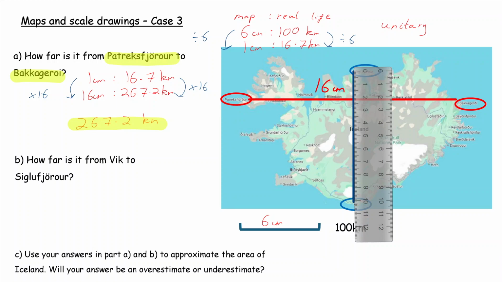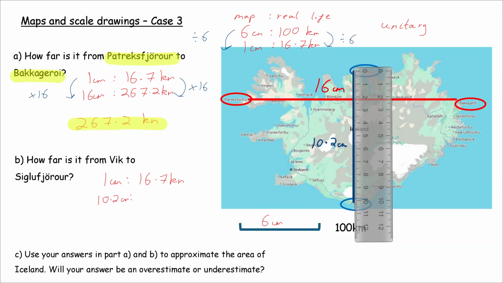So we can go and say that that length there is 10.2 centimeters. And again, we can use our ratio. You could use this one, but again, use the unitary one. It's so much easier to use, which is 1 centimeter is the same thing as 16.7 kilometers in real life. And we've just measured that to be 10.2 centimeters on the map.